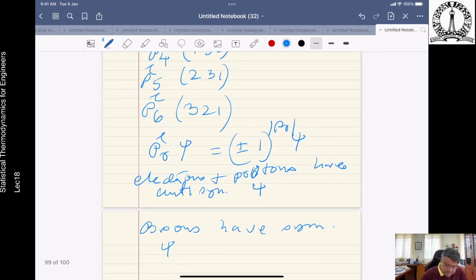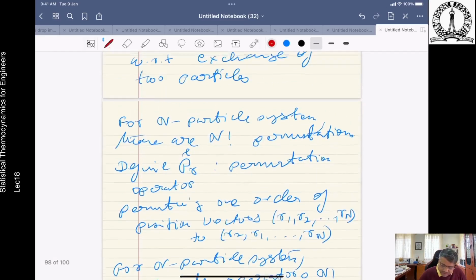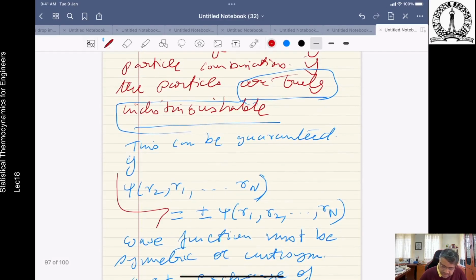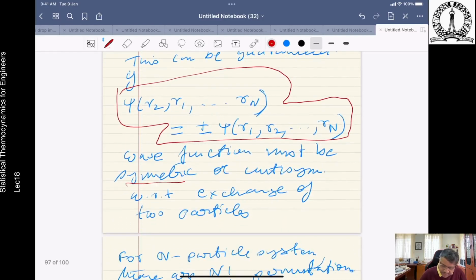So this is the general rule. So you can see what it will yield when you have indistinguishability: the wave function must be either symmetric or anti-symmetric with respect to exchange of two particles.